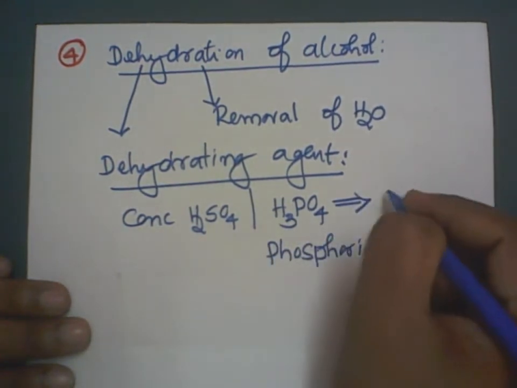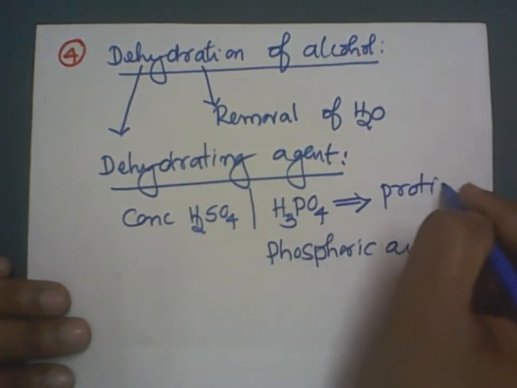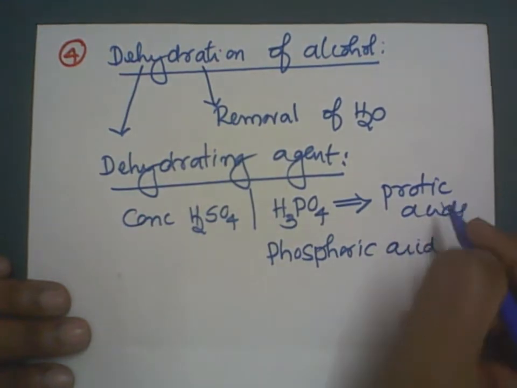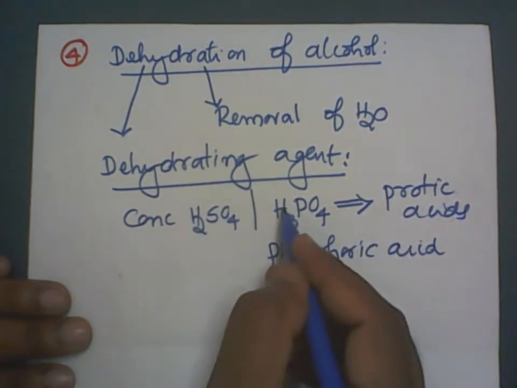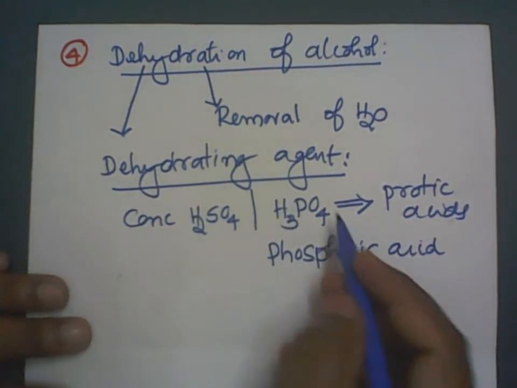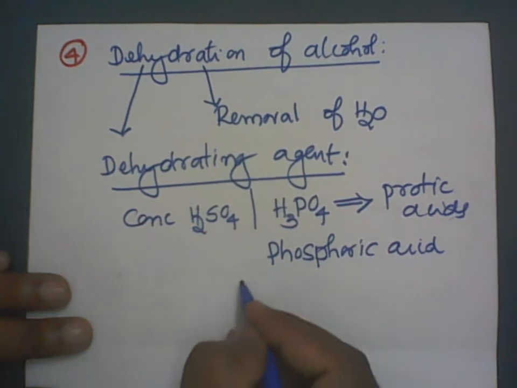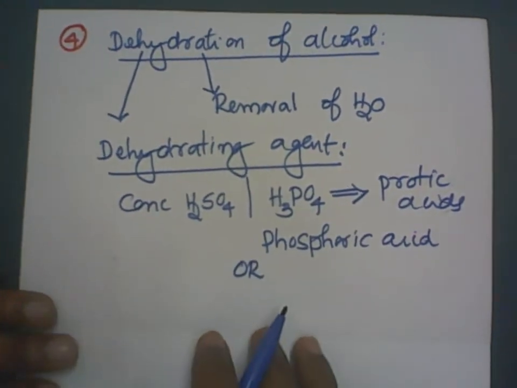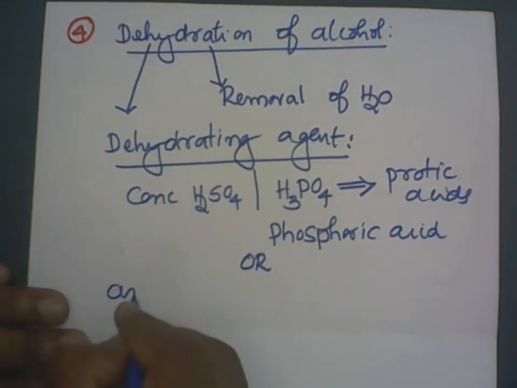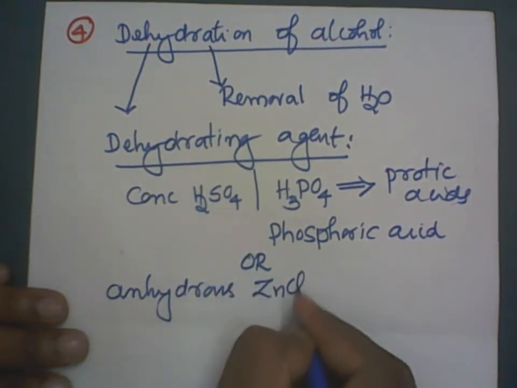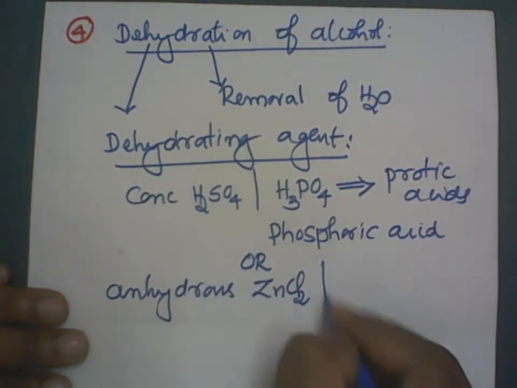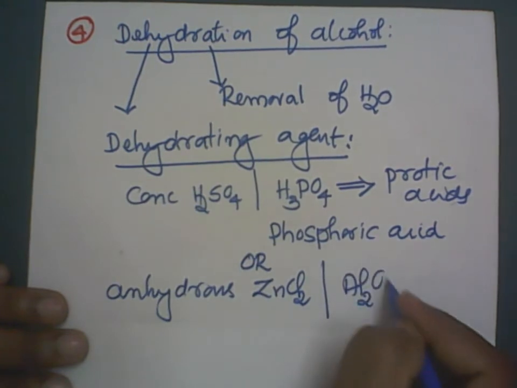These acids are called protic acids. What do you mean by protic acid? Protic acids are those acids which can donate proton, H plus ions. Other than these protic acids, we can also make use of some other substances like anhydrous zinc chloride, ZnCl2, or alumina, Al2O3.